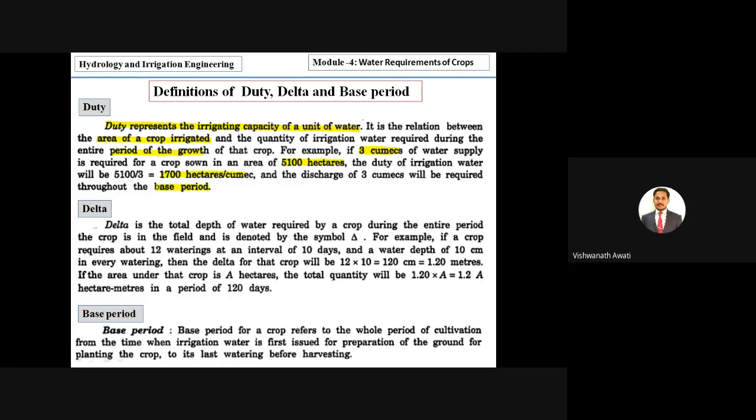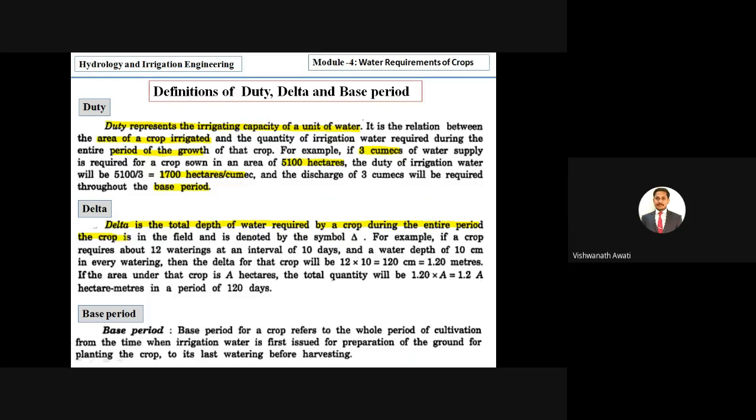Now we will discuss what we mean by base period after the delta. First we will go for delta. Delta is the total depth of water required by a crop during the entire period the crop is in the field, and it is denoted by the symbol delta. So the words are very important: the total depth of water required by a crop during the entire period of the crop.